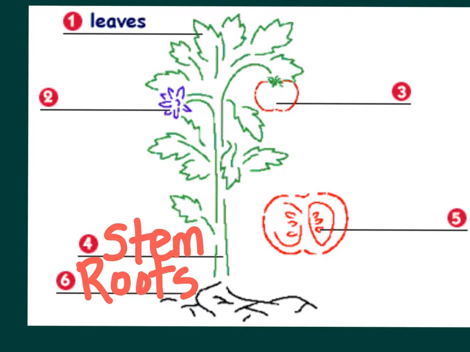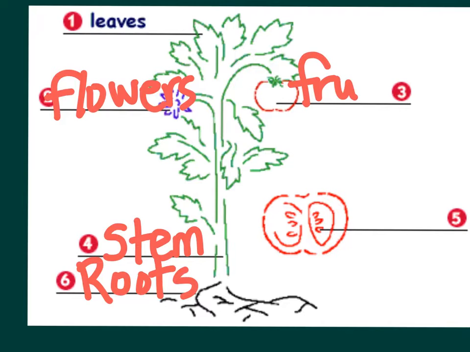And the stem becomes leaves. And the leaves become flowers. And the flowers become fruit. And the fruit protects what makes all the trees, which are the seeds.